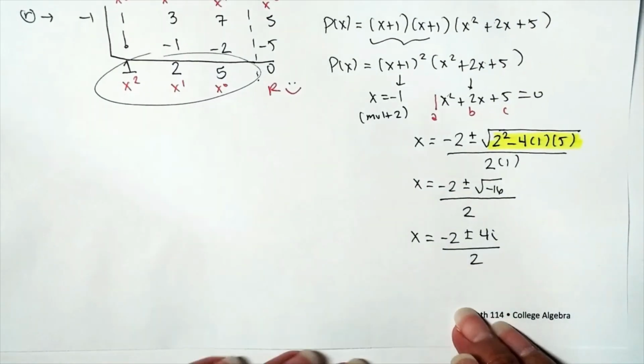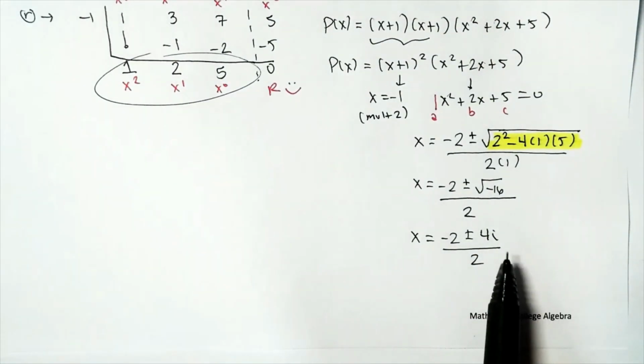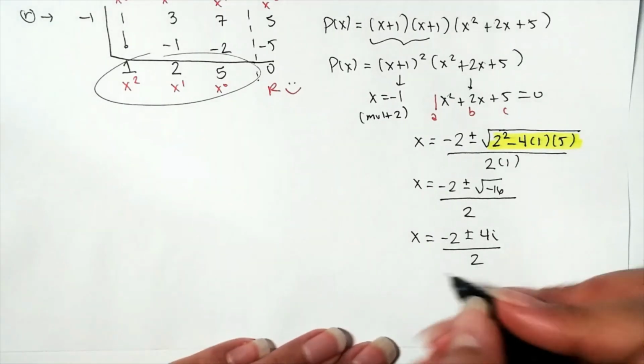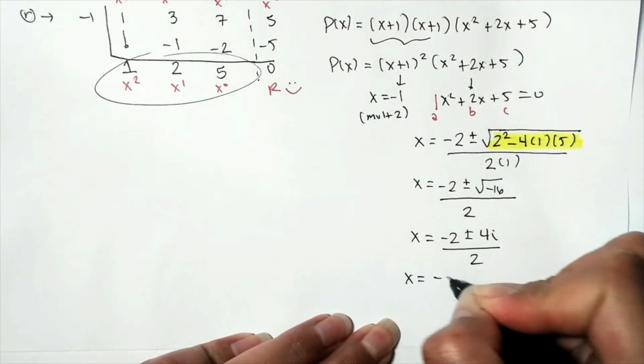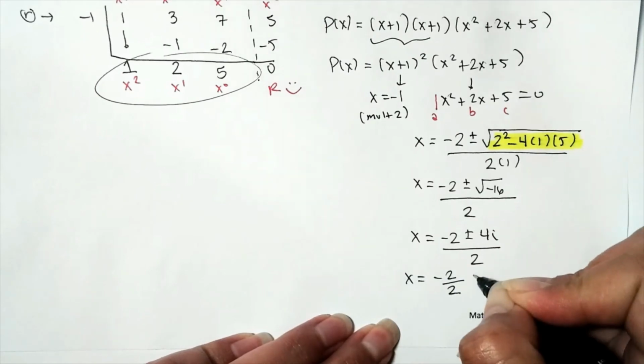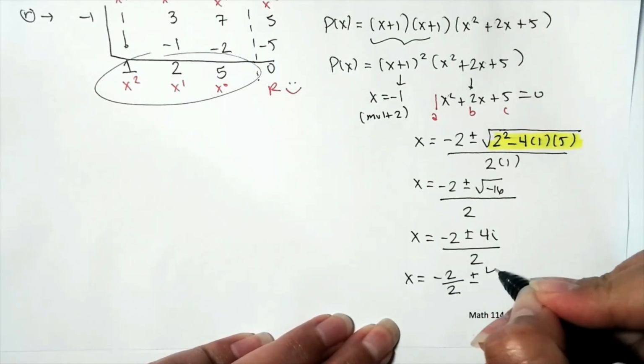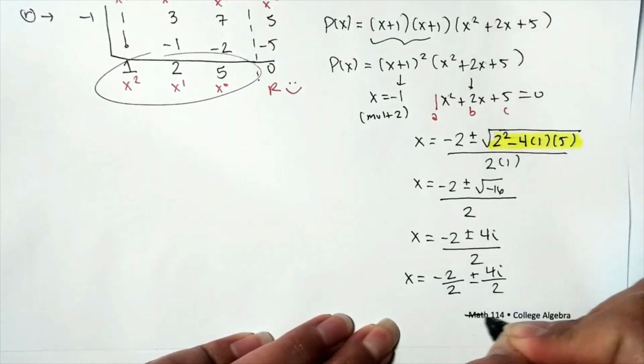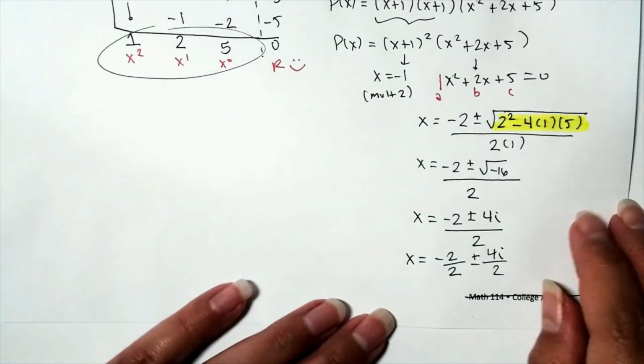Now, what's going on? Because we have a non-real solution, or a non-real zero, we need to put this in standard form for a non-real number, a plus bi. So let's go ahead, take that first term, divide it by 2, and then we're going to add or subtract the second term and divide it by 2. Sorry, this is in my way.